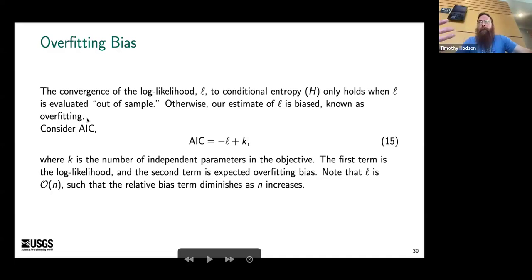If you are computing it in sample, say I have my model, I've calibrated it, and I have a test data set that I'm evaluating it over, and I'm computing the AIC over that, normally you're using parameters learned from the test data set to calibrate that likelihood function.